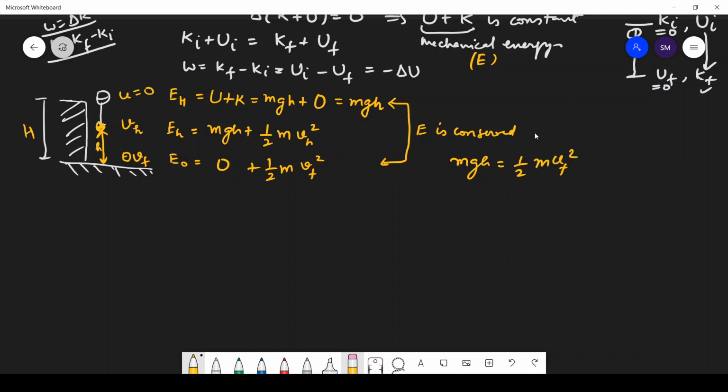So what does this mean? It means that EH is equal to E naught. So it means these two are equal. So I am taking EH equals to E naught.